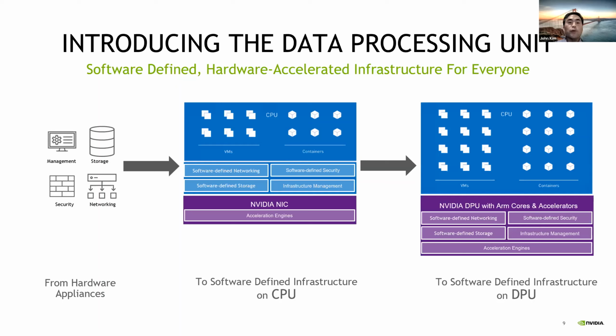So all or nearly all of the CPU cores can now run the applications, which is what the business really needs and where the business makes the money or serves its users or keeps its users happy and develops new products. All the CPU cores are used for that, and none of them need to be used for running the infrastructure because that's being done by the DPU.